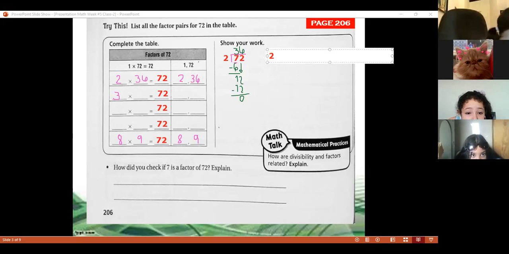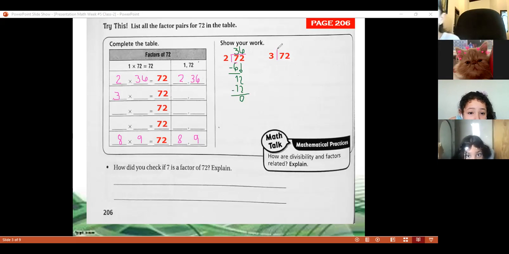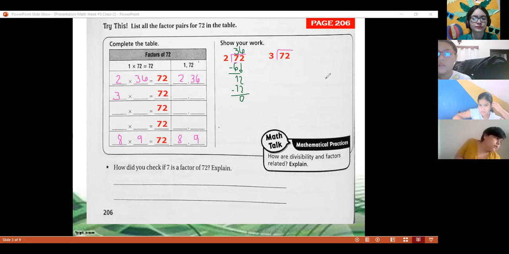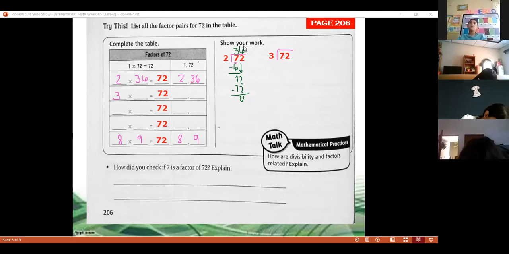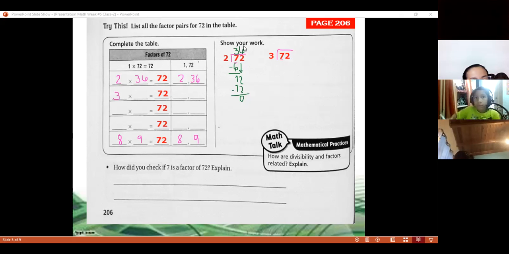So let's do it. Here's 72, because we are dividing 72 by 3. Now, 7 divided by 3. We use the first digit, 7. 3 times 2, that's right. 3 times 2 is equal to 6.